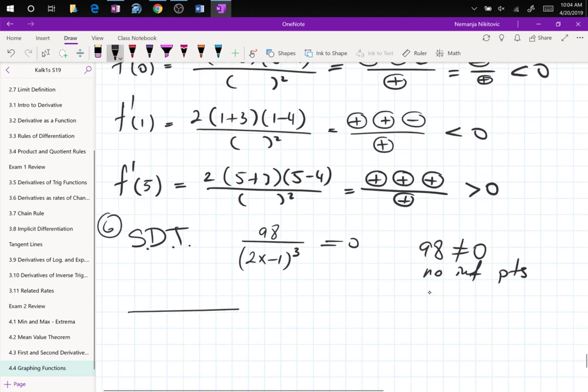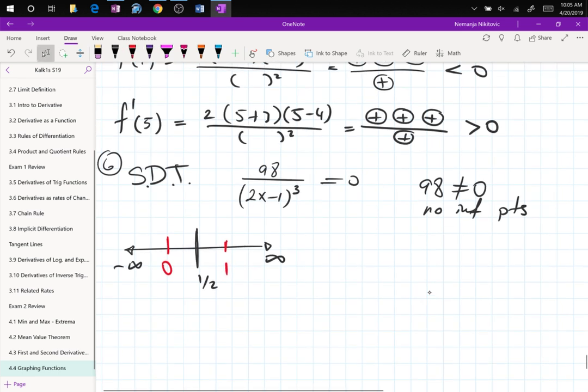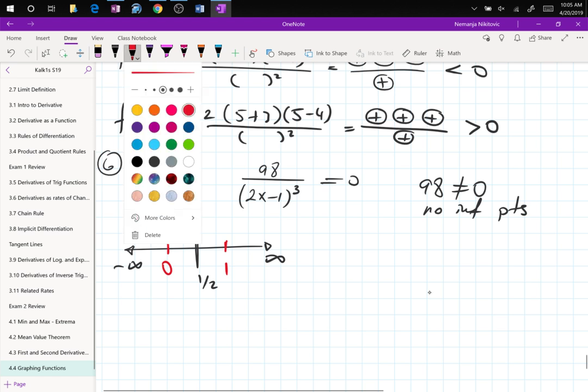But we do have an asymptote at a half, so we partition from negative infinity to positive infinity. We partition with the 0 and 1. And when I plug in 0, I get negative. When I plug in 1, I get positive. Great. Woohoo!